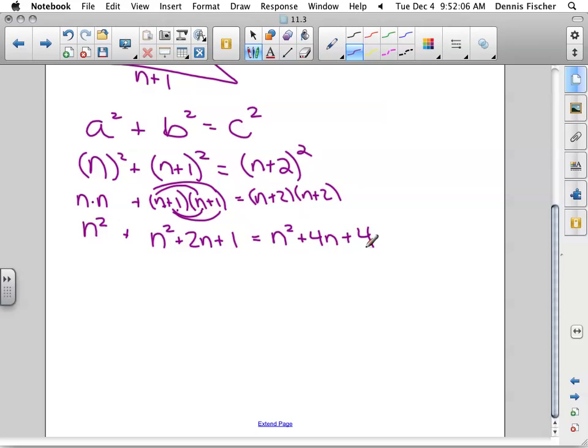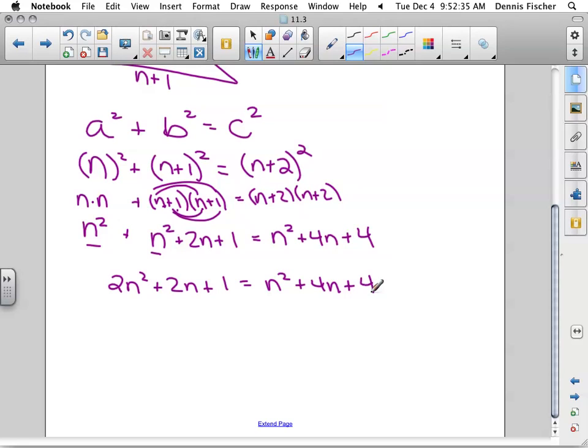Now, combining terms, I'm going to combine this side first. So 2n squared plus 2n plus 1. Now to solve any equation, here's the deal. I have to get it equal to 0.